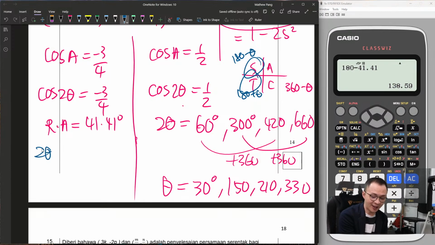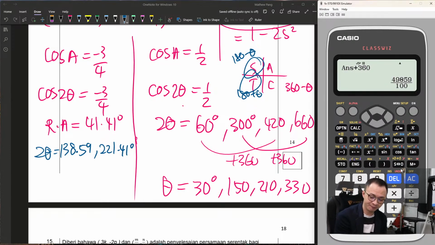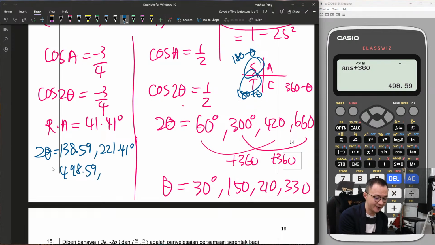So my 2 theta is 138.59. Second is 180 plus it, so it will be 221.41. And then both angle plus 360. So 498.59. This one should be plus 360, 581.41. Then all the angle divided by 2.